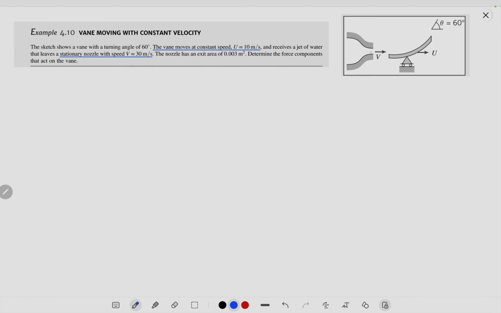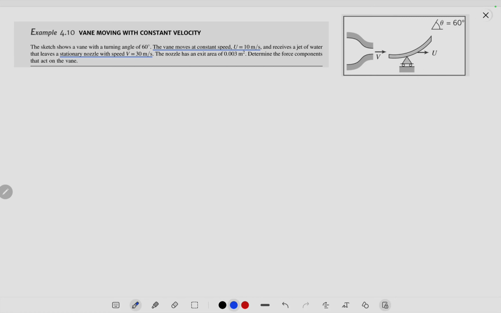The exit area of this nozzle is given to you. Determine the force components that act on the vane. So although the fluid is going like this, the vane is still moving with a velocity u.